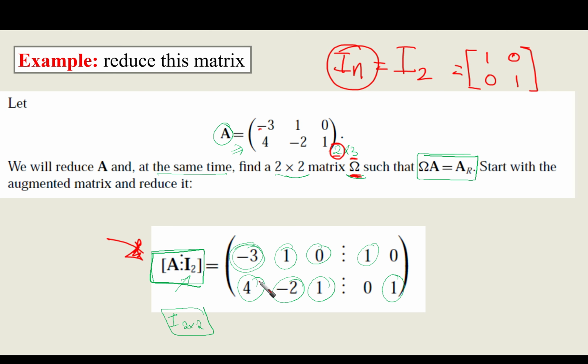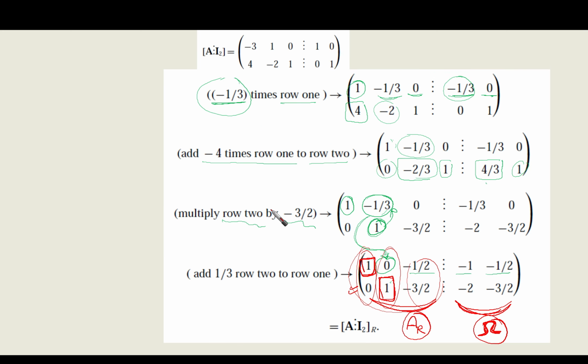What should we do after that? We go with the row operations to reduce the matrix A. This is the augmented matrix that we have, and we make some row operations to reduce it. First of all, this is minus 3, and we want it to be 1. So we multiply row 1 by minus 1 over 3, and we have 1 here.